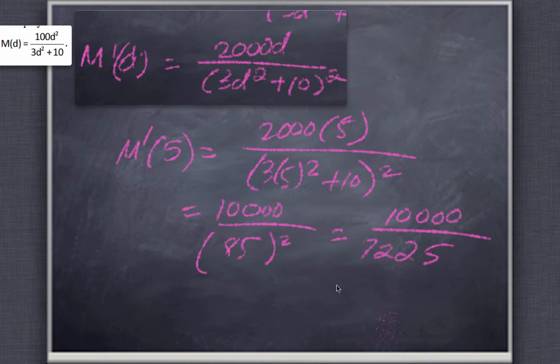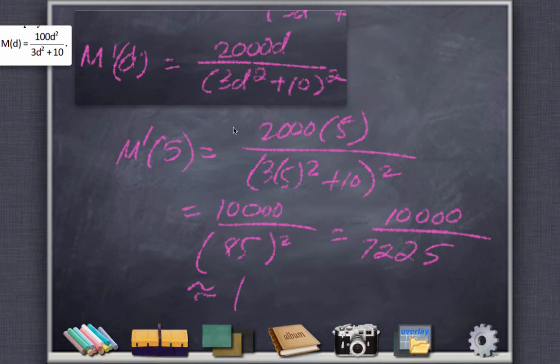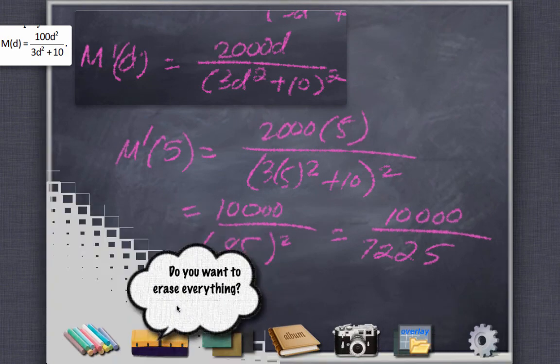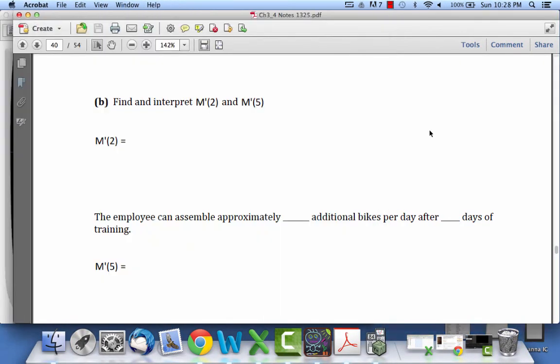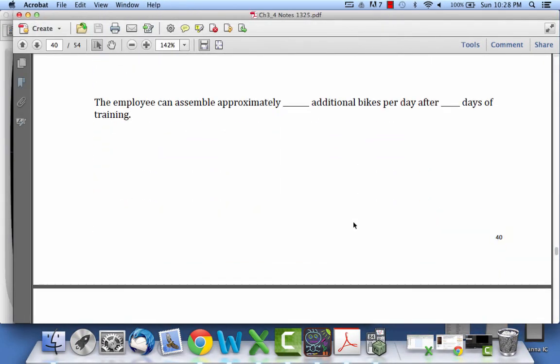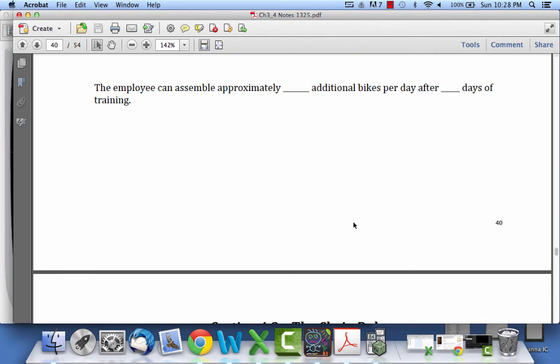So that one's going to be like 1.3 something. So at this point, he's making about 1 more bike per day, because he's getting his craft nailed down now. So the difference from day to day is going to get smaller as he gets really comfortable with bike making. Okay, so that ends 4.2.